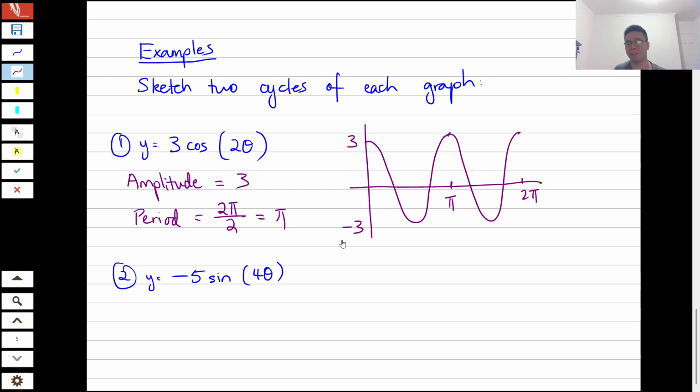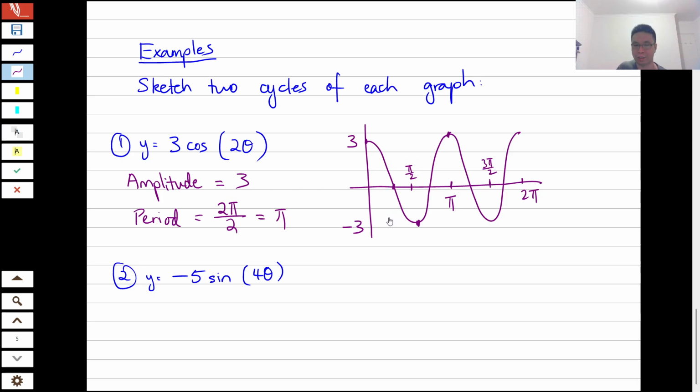Now, a question that arises is, do we need to label the x-intercepts? I think in this instance, it probably does make sense to do so. So for instructional purposes, I will label them. So remember, the maximum and minimum are sort of spaced halfway between a full period, and the x-intercepts are spaced halfway between the maximum and the minimum.